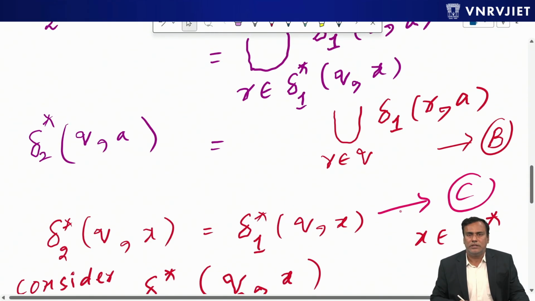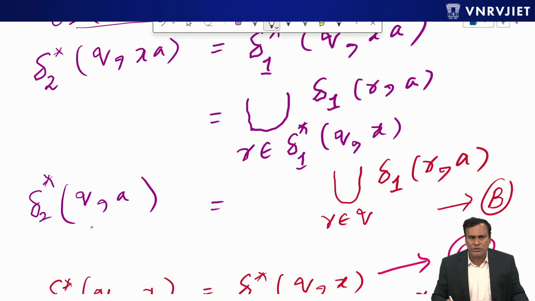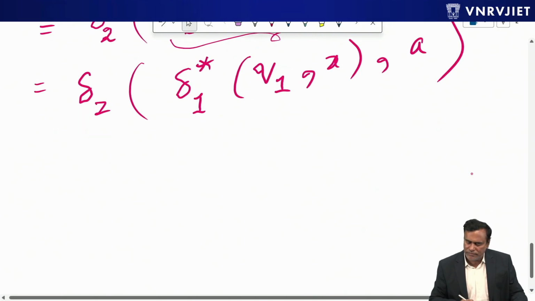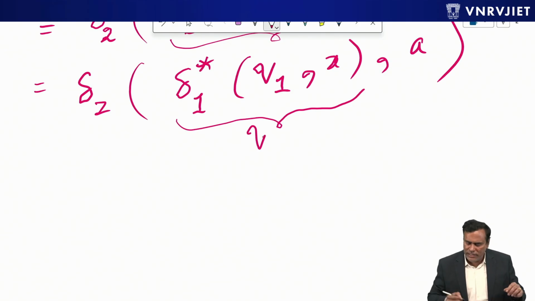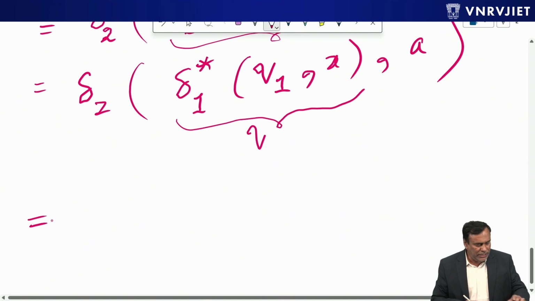This is an important formula I said, right? That is equation B. Delta 2 star of Q A is equal to union of R belongs to Q, delta 1 of R A. So from that equation B, if I let this whole thing be Q, then delta 2 of Q A is equal to what? As per equation B, just now I have seen, right?